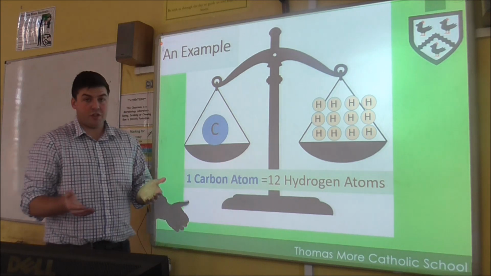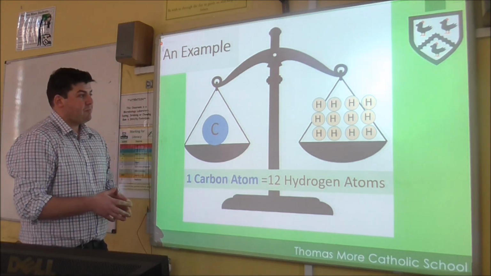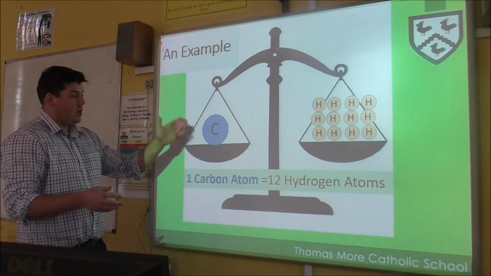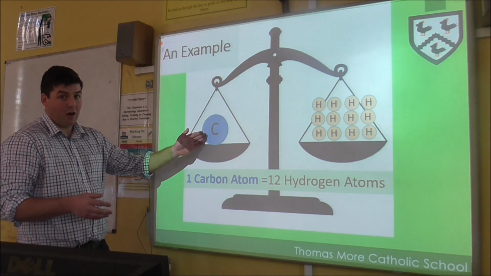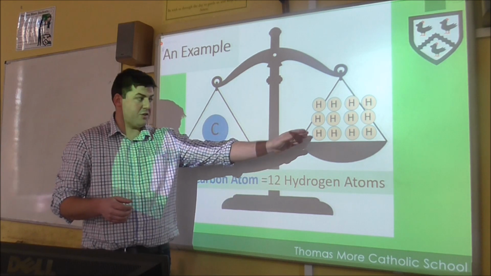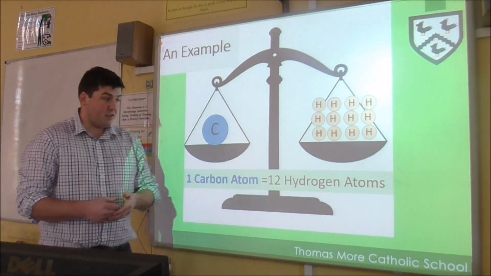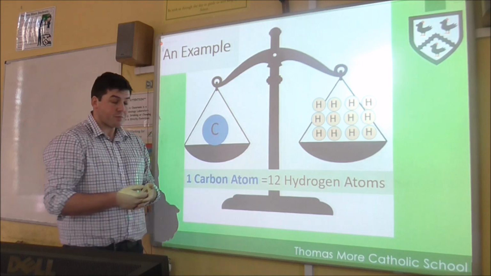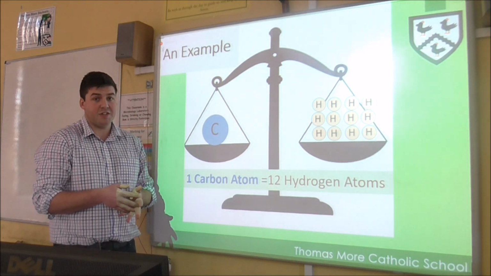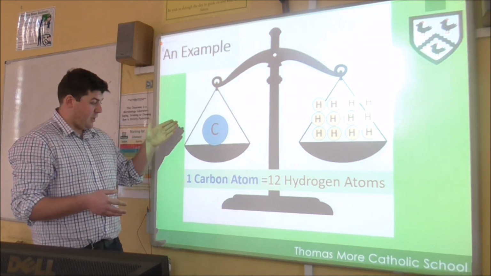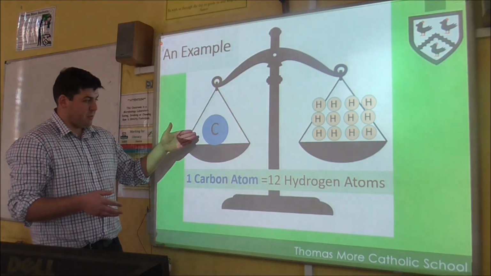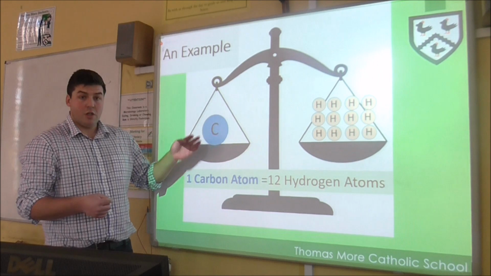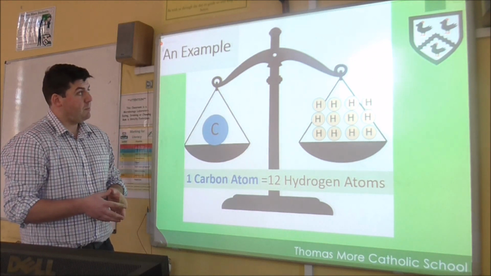That's because the relative atomic mass of carbon is 12 and the relative atomic mass of hydrogen is 1. So they must be equal. For it to balance, you'd have to have 12 hydrogens in that case. Interestingly enough, 1 atom of the 12 grams of carbon is also equal to 1 mole.